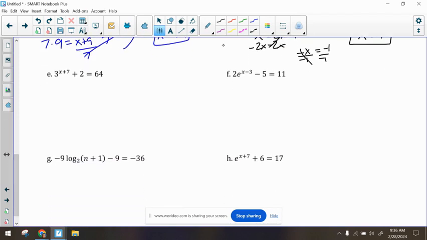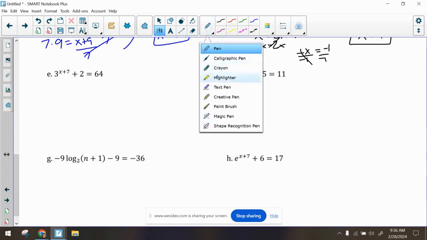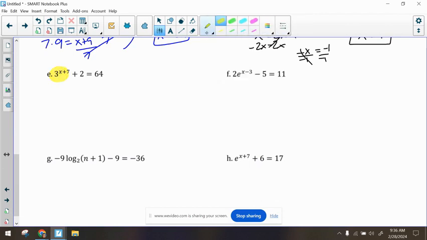Moving on to question E, my goal on this is to get this exponential to be by itself. So I'm going to start by subtracting 2 on both sides. So 3 to the x plus 7 equals 62. I am never going to get 62 to be base 3. So instead, I need to convert this to log form, where my base is 3 and the other two things switch.